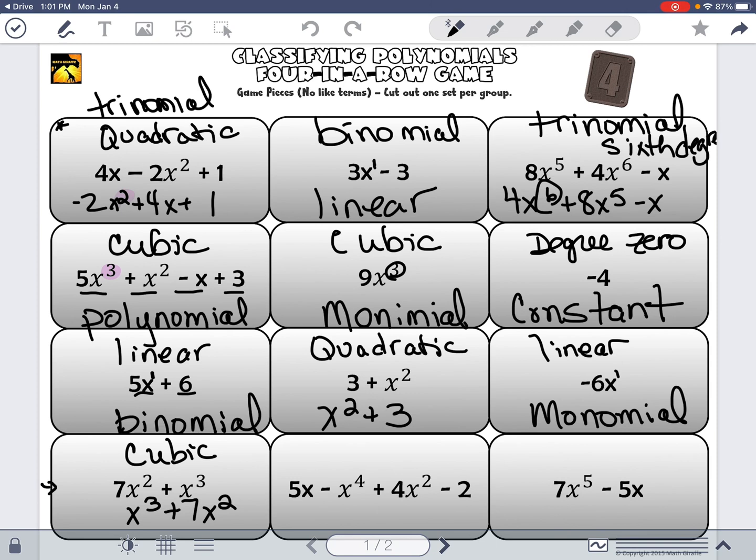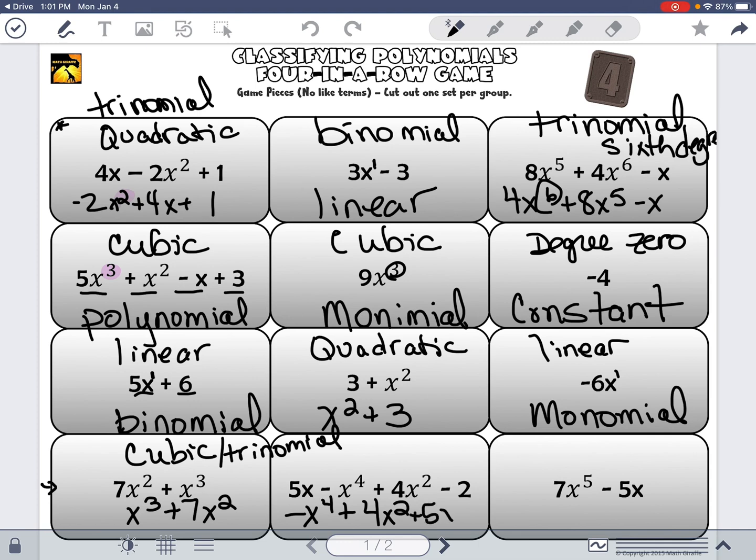Binomial, yeah. Trinomial. The next one is also not in standard form, but we're going to put it in standard form.